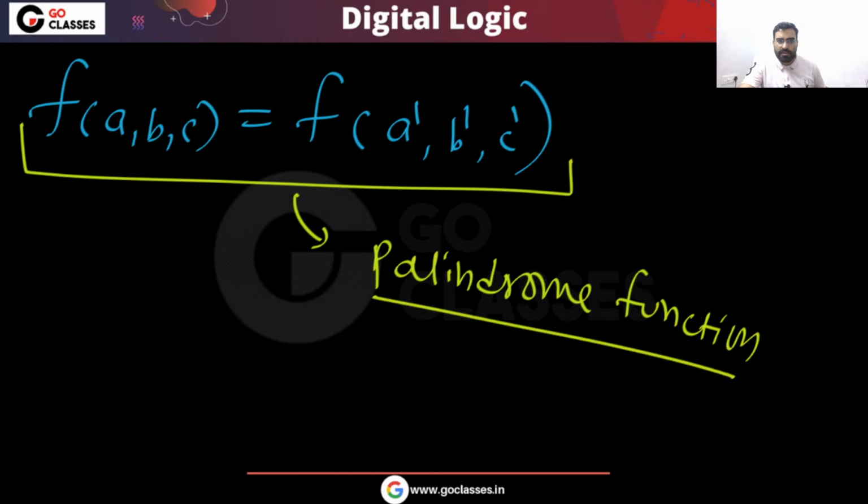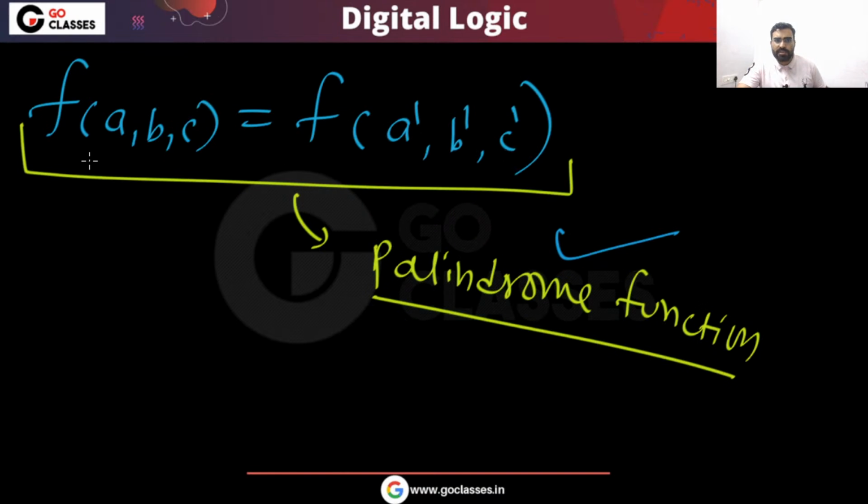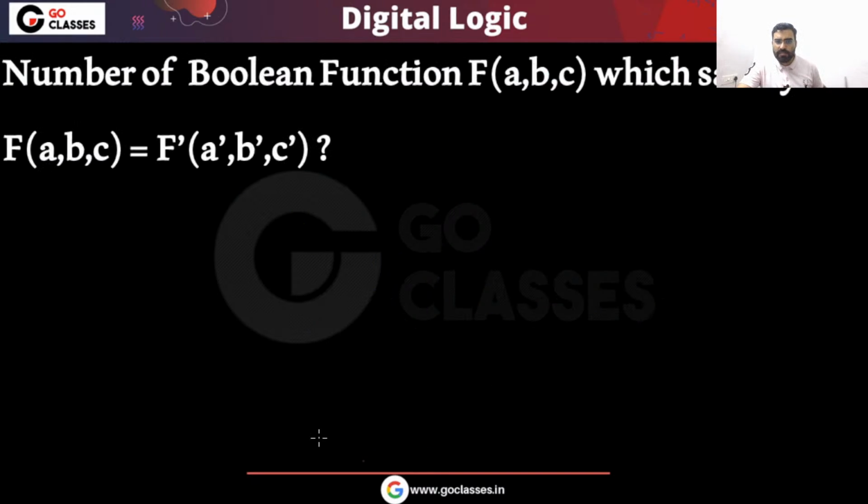This is the palindrome function because the first row must be the same as the last row. This is not self dual. Abhishek, Mayuk, this is not self dual. So this type of function is your palindrome function.